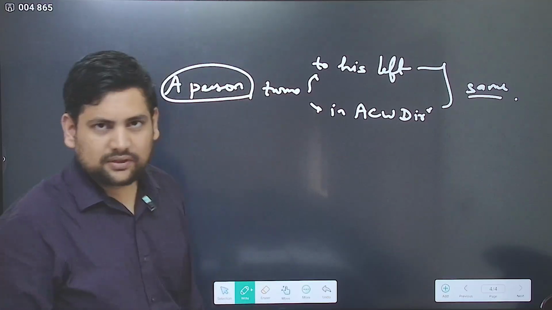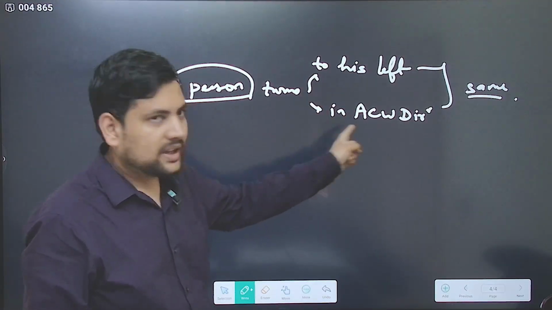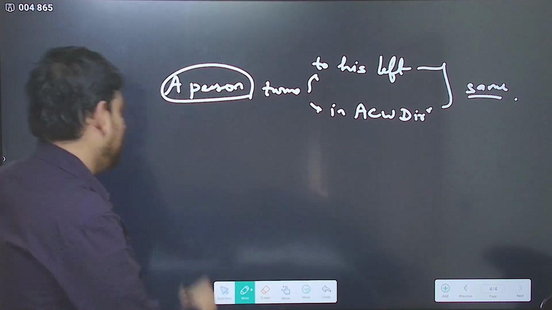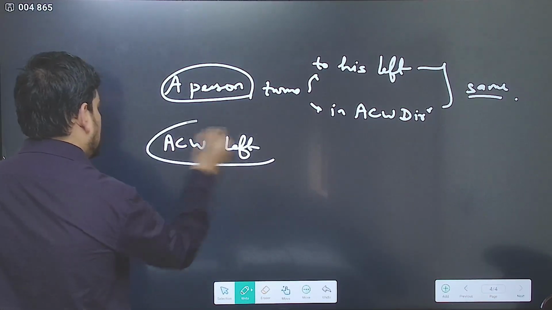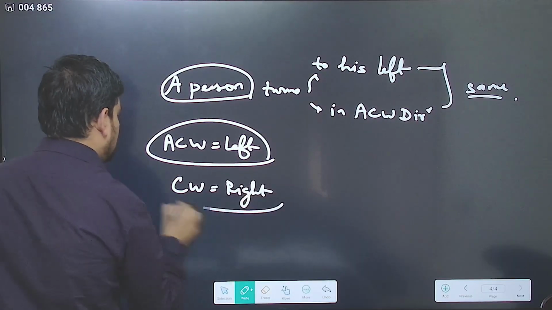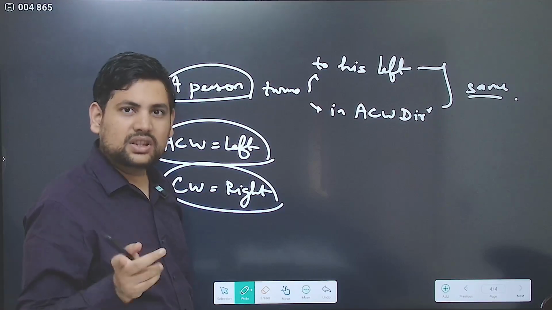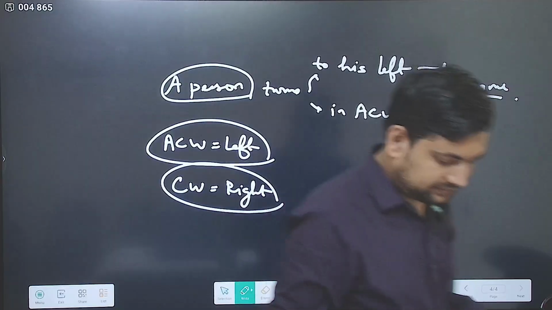Similarly, if it says a person turns right, or they say that a person turns in clockwise direction, that also is the same. So anti-clockwise direction equals left, and clockwise direction equals right. So turns towards his right means turns in clockwise direction. Turns towards his left means anti-clockwise direction. That's it.